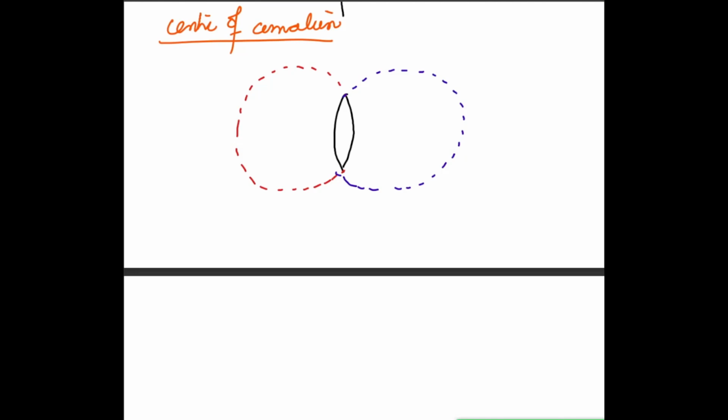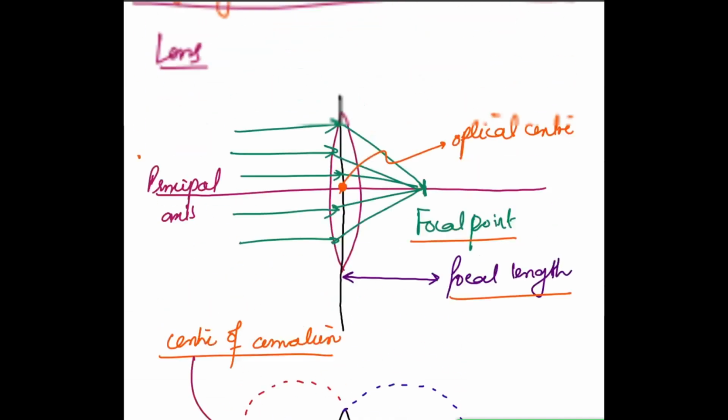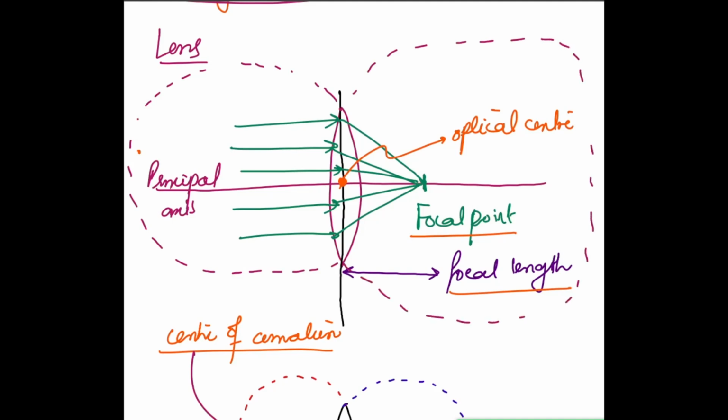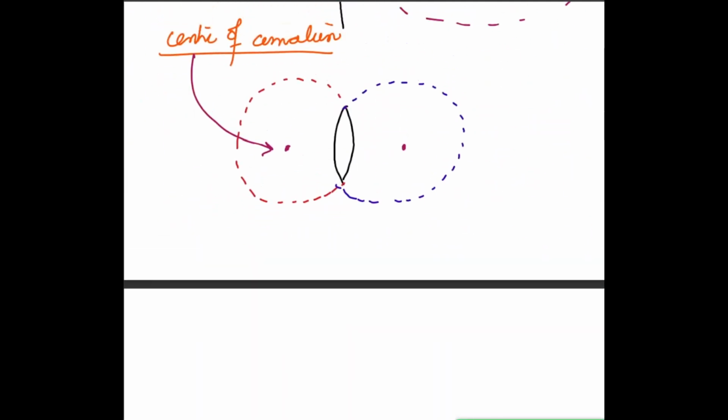Now, the term center of curvature means that the center of this imaginary circle is known as the center of curvature. So this lens must have been part of a larger circle like this, and this one may have been part of a different circle like this. Do we understand the visualization?